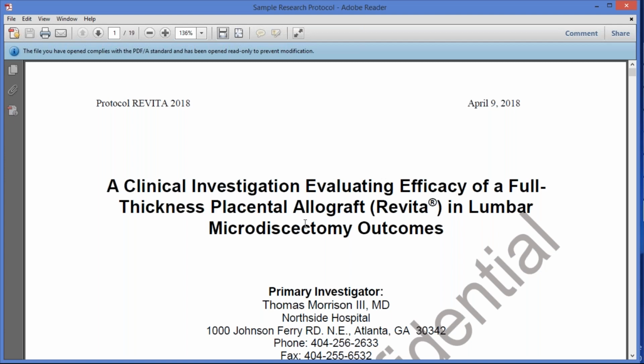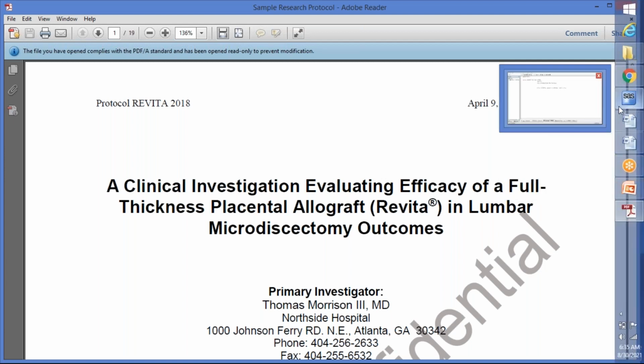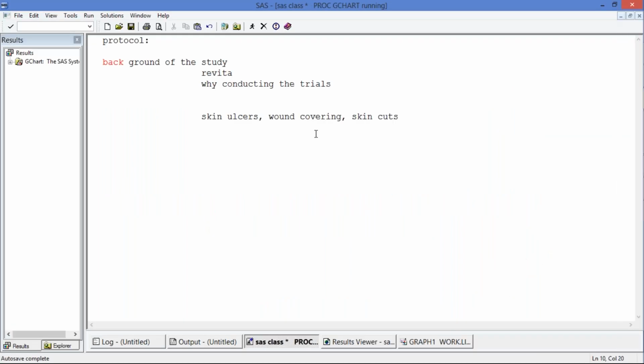Let us understand why allograft is important, why allograft is required in the surgical process. Let us understand the surgery. So till now, we learned about the product.